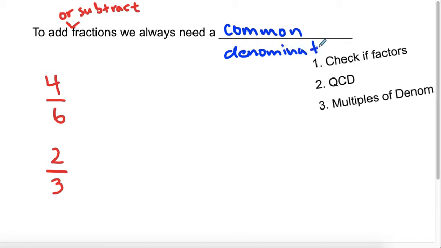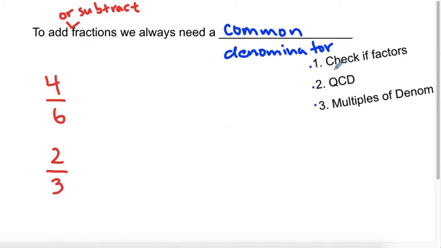Common denominator. Okay, and then right here I have listed 3 ways that we can find a common denominator of 2 fractions. So for example, here we have 4/6 and 2/3. Yes, I know 4/6 is not in simplest form. That's fine. These are the two fractions we have.